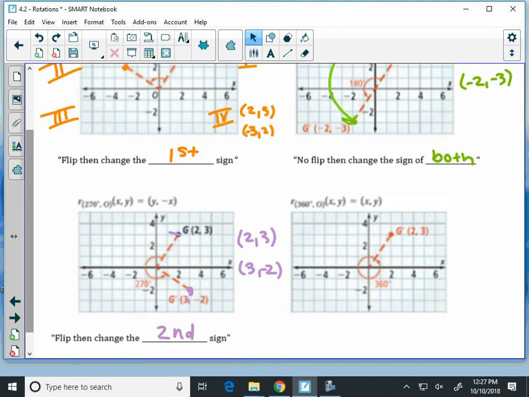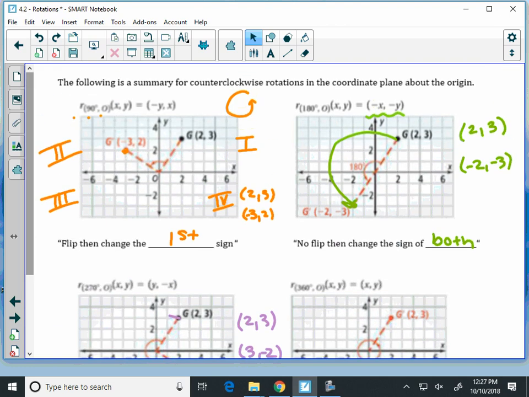Okay? Questions over that? One helpful way for me to remember these is when I'm counting, think 90 and 270, the first type and the last type of transformation rotation that you flip. So 90 and 270, you're flipping. Okay? To remember which sign you're changing, whether or not it's the first or the second, when you're counting, 90 comes first.